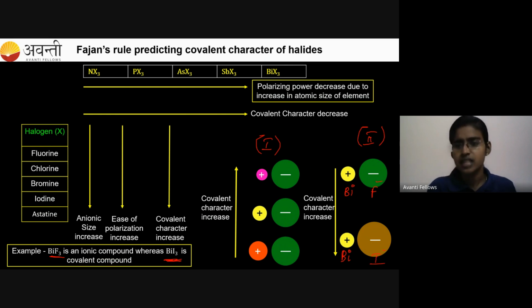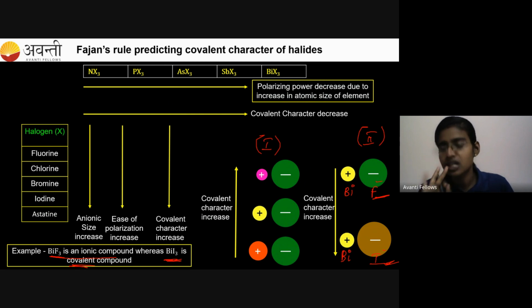I have already told you, anionic size is directly proportional to covalent character. Comparing F and I, iodine has the bigger size, so BiI3 is a covalent compound, but BiF3 is ionic. Got it? I hope this concept is clear to all of you.